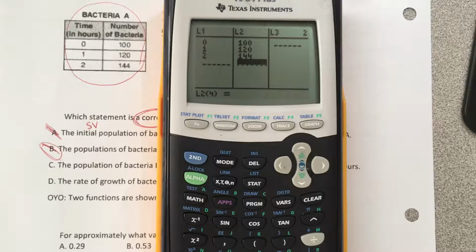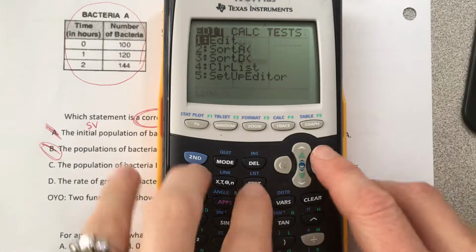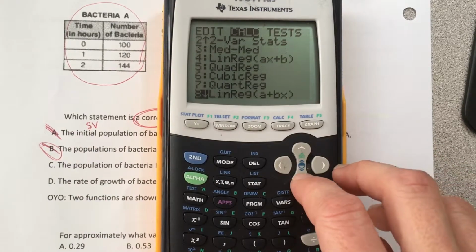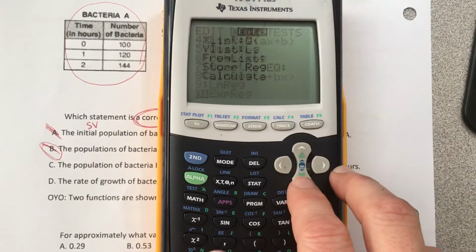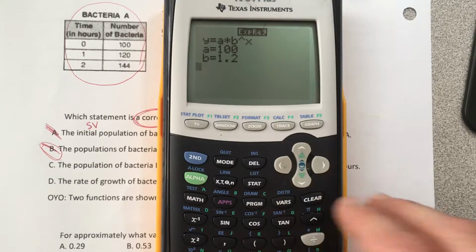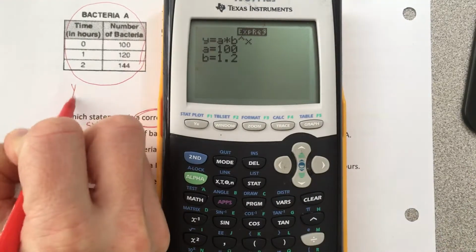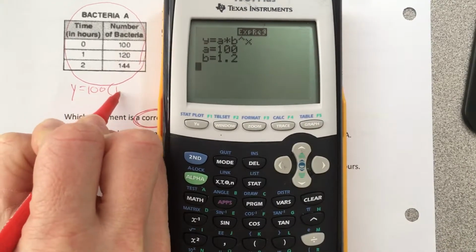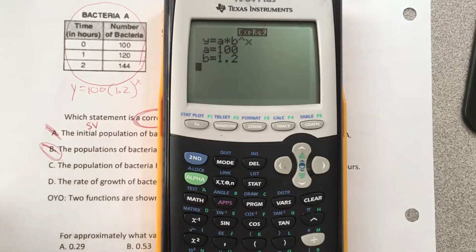Exponential. Okay, so stat, calc, exponential. All right, so I'm going to write that down. Y equals 100, parentheses 1.2 to the x.